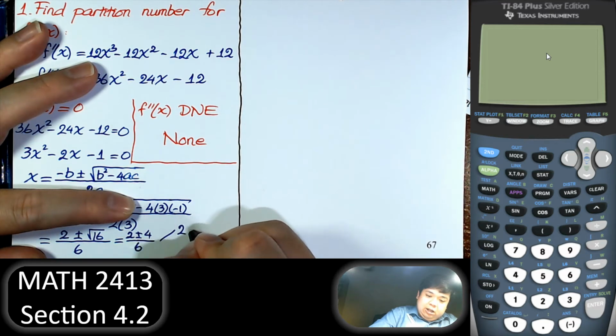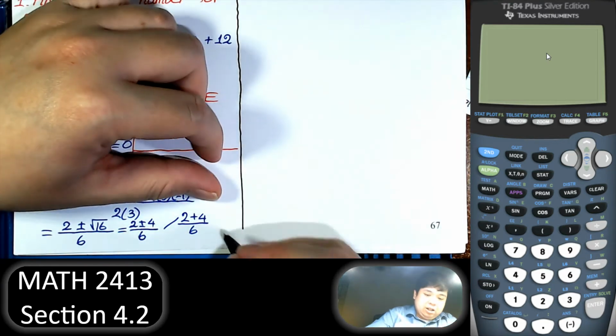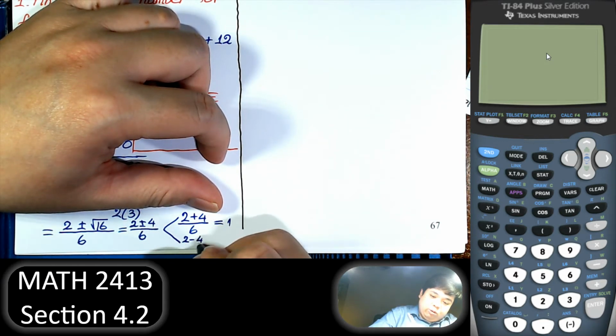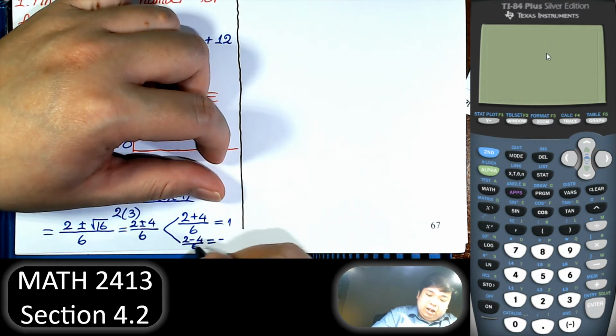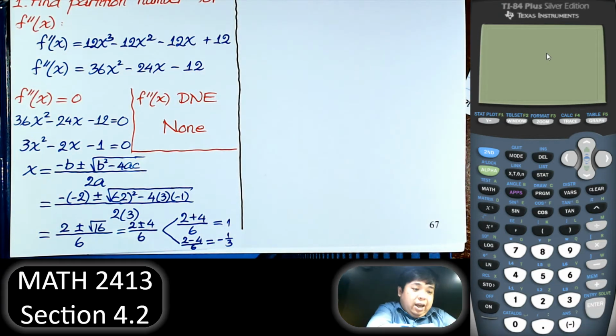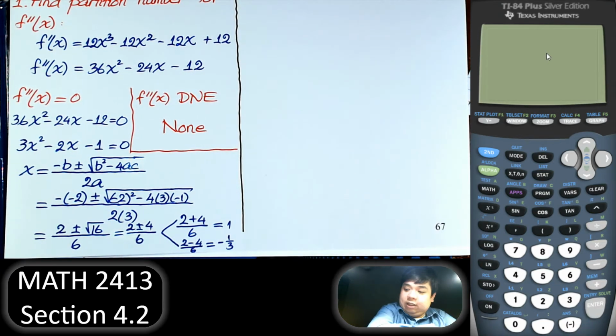So where we have the plus, 6 over 6 is 1, where the k is negative 2 minus 4 over 6. That gives us negative 2 over 6 or negative 1 over 3. So I have 2 points, 1 and negative 1 over 3.